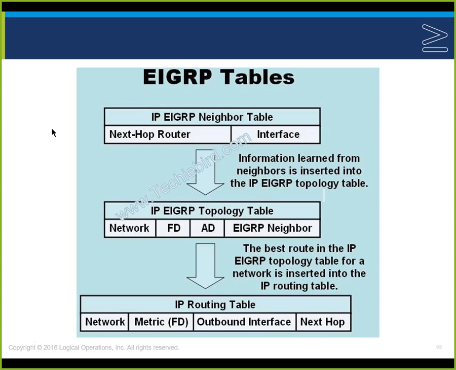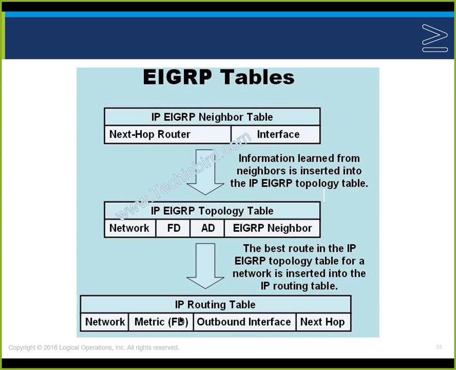Let's see. We already did the tables here. This is just another slide. I found this one today. I thought it was kind of cool, but I forgot I had the other one in there. The neighbor table: next hop router and the interface. This is what's going to show up in these things. The topology table: the network, feasible distance, advertised distance, and then the neighbor.